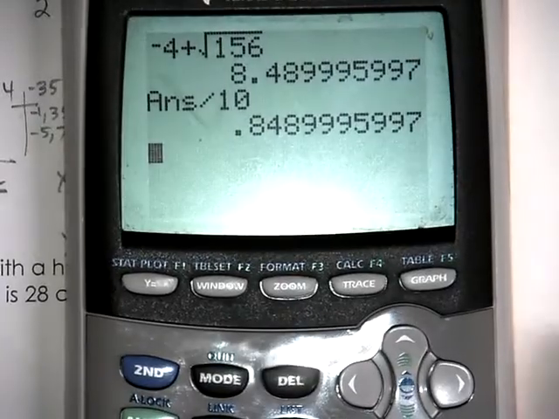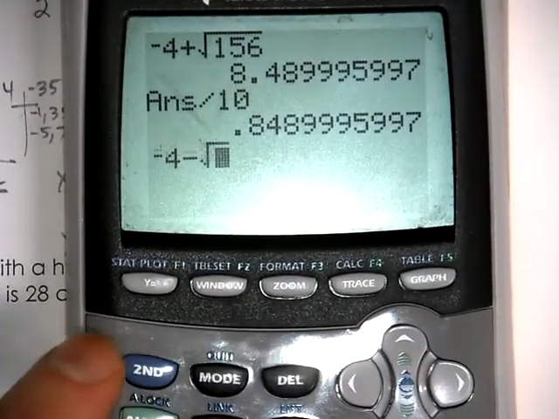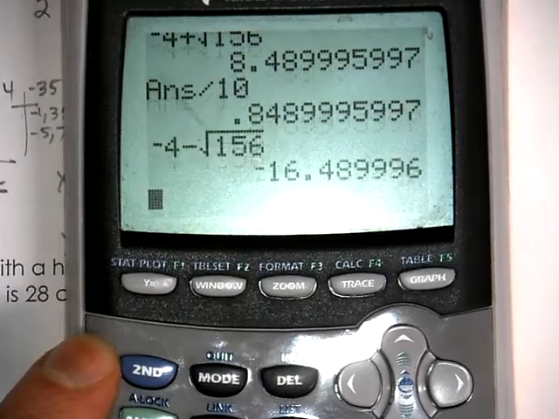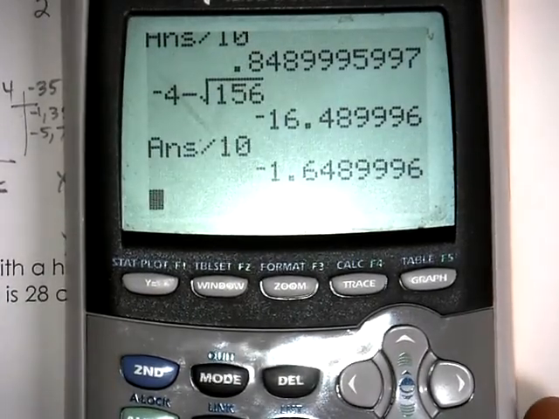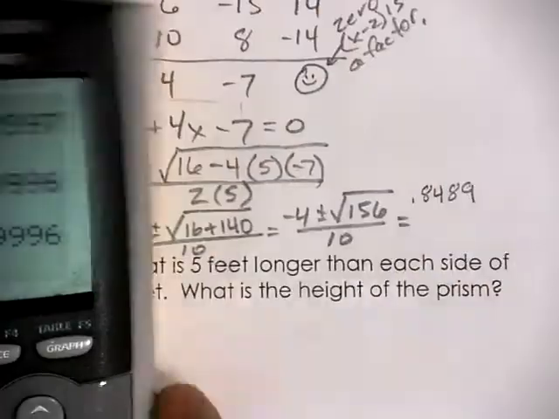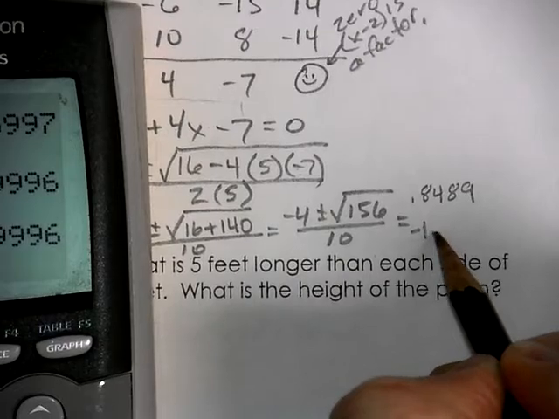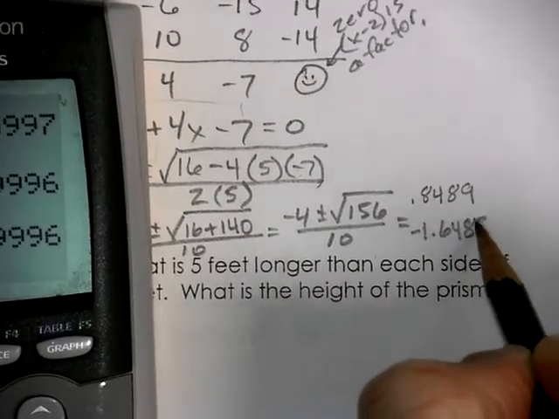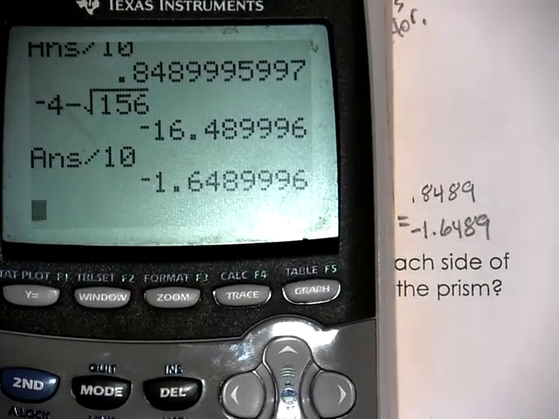And if you wanted to, you could also do negative 4 minus the square root of 156 divided by 10, and you get this silly number, negative 1.6489, I guess. Right? But of course, we're not interested in a negative number of items.